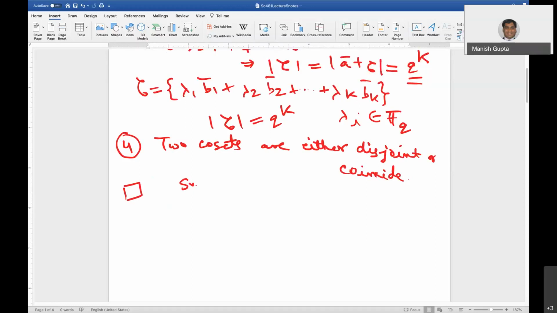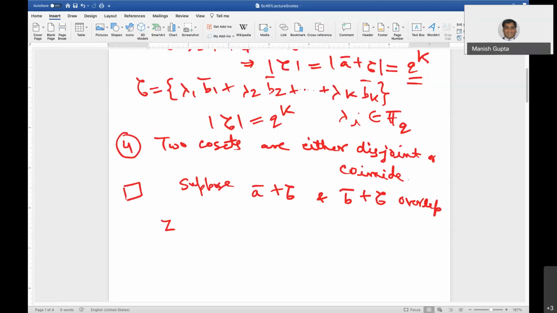Suppose there are two cosets, A plus C and B plus C, and suppose they overlap. That means there is a vector common to both cosets.